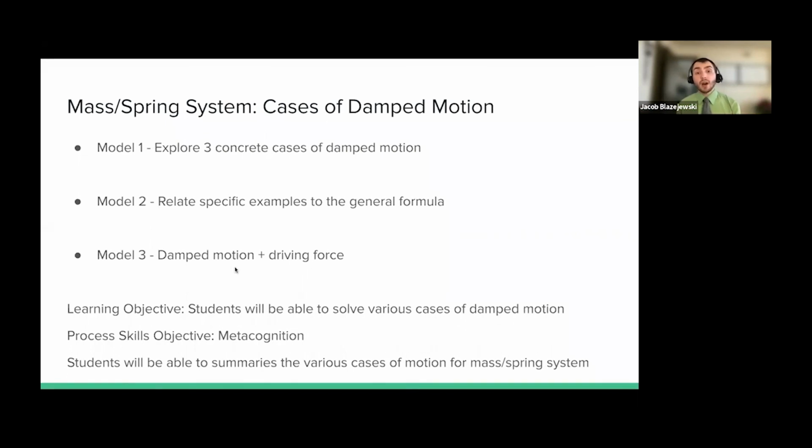And then lastly, also saying, okay, what happens if you include a driving force as well, and how does that impact everything? So that's just a little taste of something else for where to go, for trying to embrace a POGIL mindset going forward.